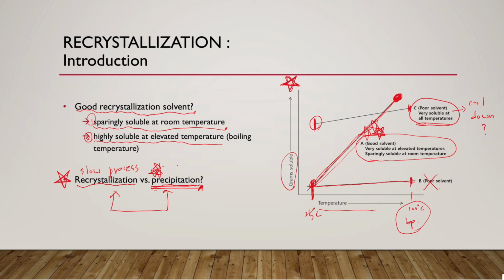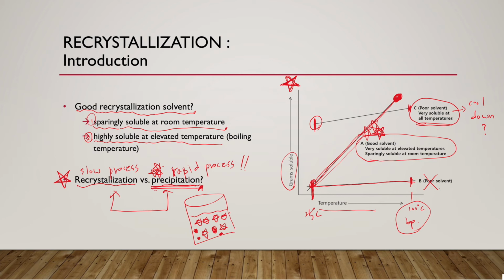However, precipitation is a rapid process. So what it means is, let's say in this homogeneous solution we have our compound, which is a star here, but these impurities, the circles, are also present in the solution after dissolving the impure compound.